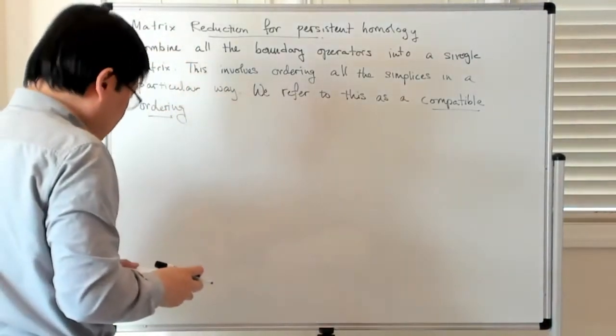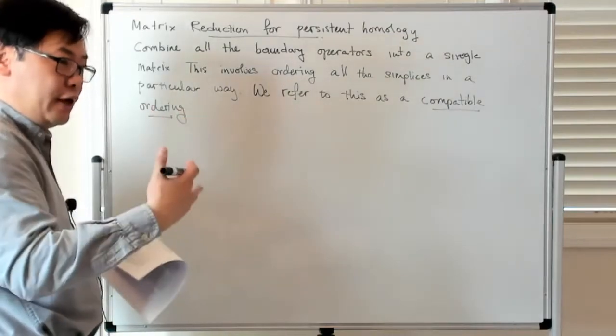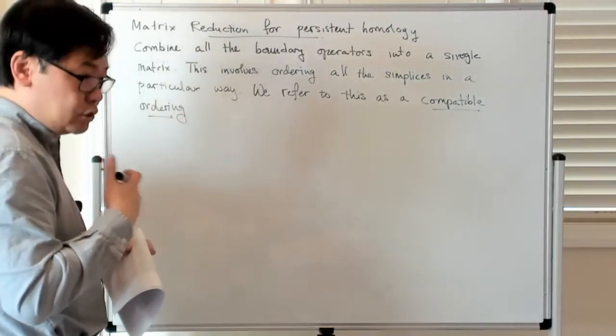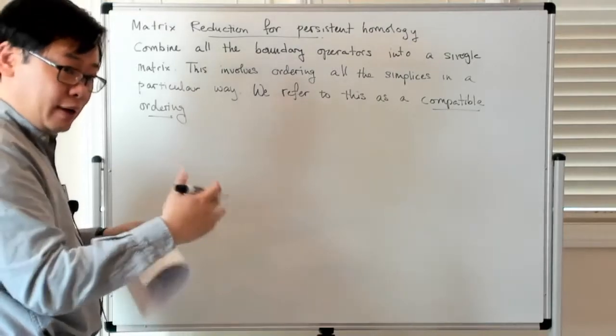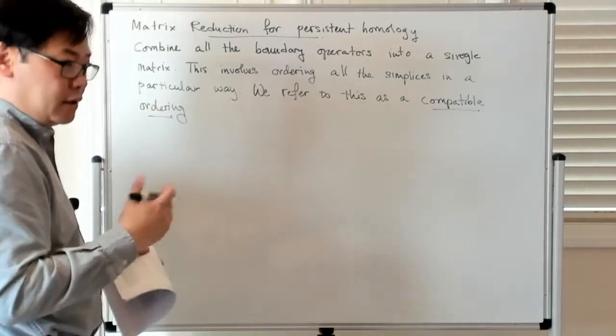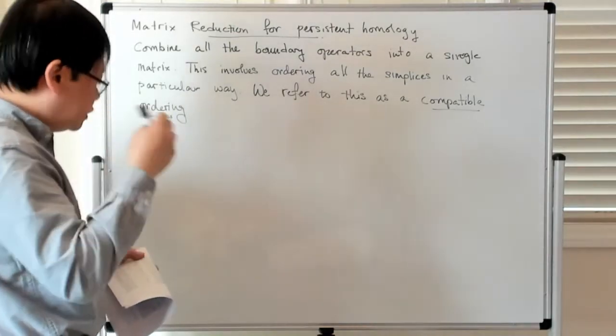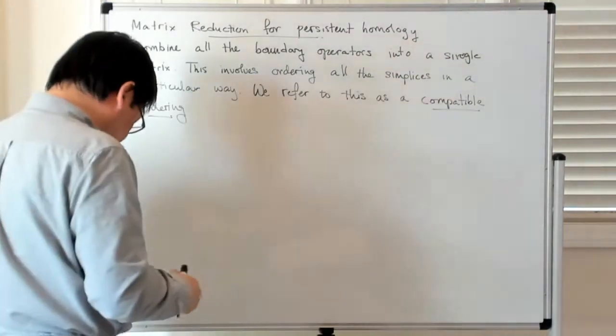In some sense, what's going to happen is that if you truncate this enumeration of the simplices at any point, you're going to get a subcomplex of the containing simplicial complex, and it's also going to respect the filtration property, if you will.